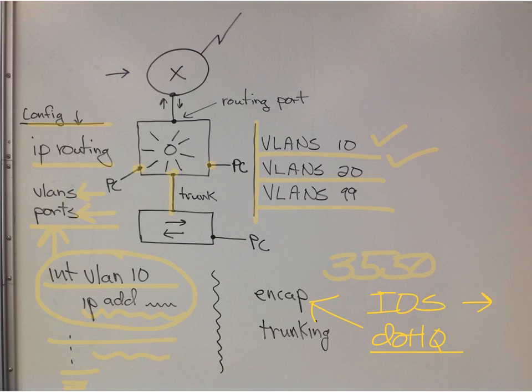So you have to do that first, then you can set it as a trunk, and then you can set up trunking with our other switch using .1Q tag.